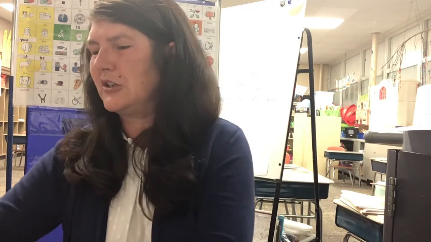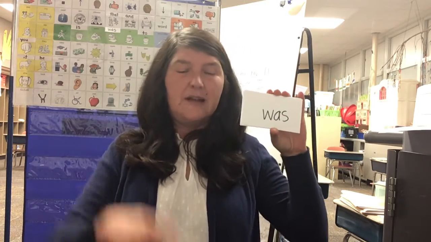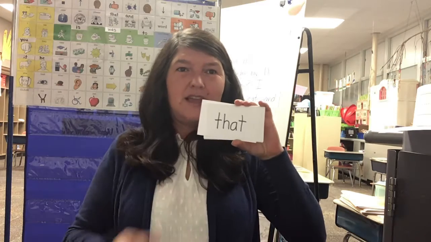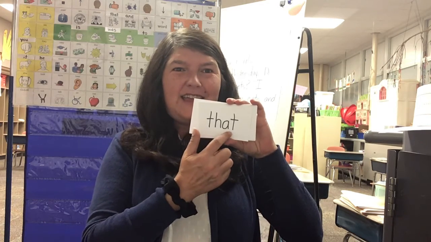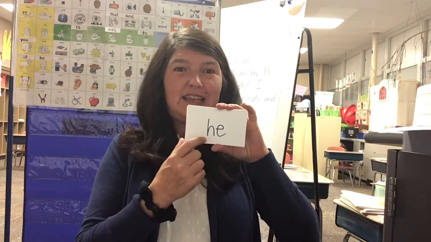Now let's go ahead and practice our sight words. Say them with me, because remember, we learned so many words. You want to get those inside of your brain. Are you ready? Let's go. W-A-S, was. T-H-A-T, that. H-E, he.